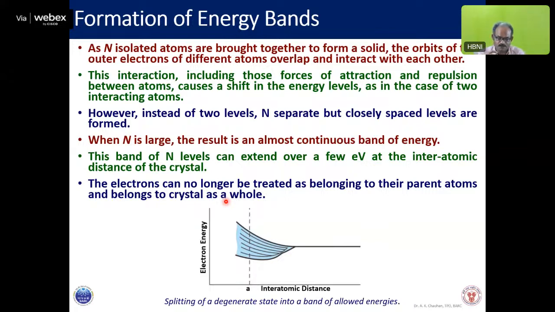The wave functions of the core electrons do not interact with each other in the same way as the wave functions of the outer orbit electrons. If they start interacting, they will also start doing something similar.